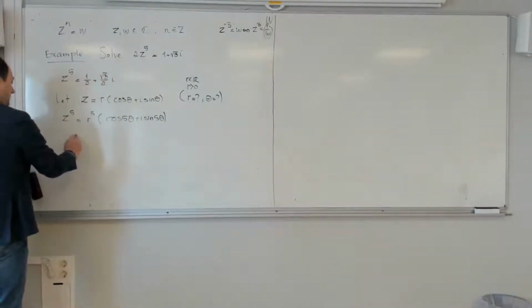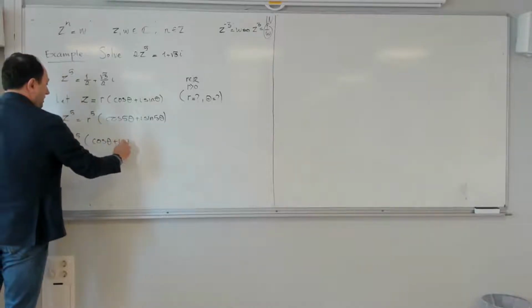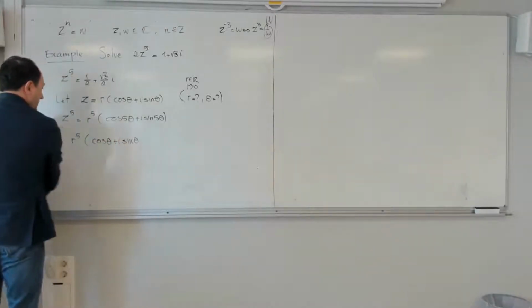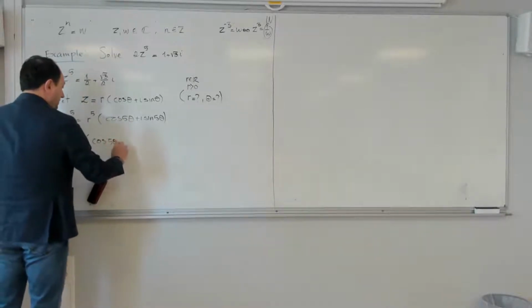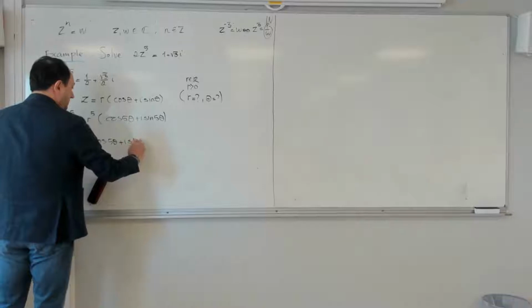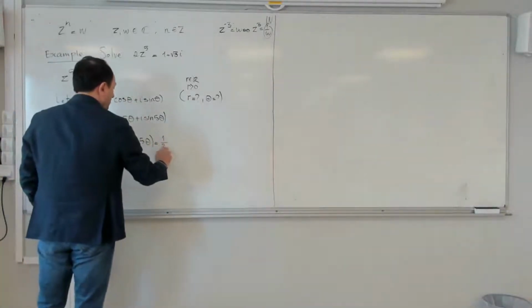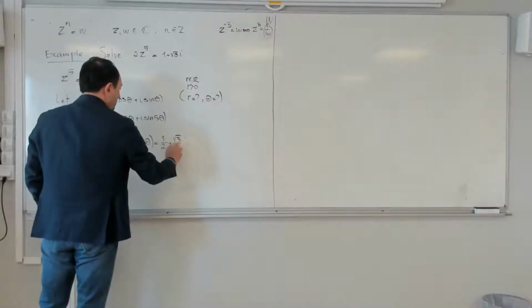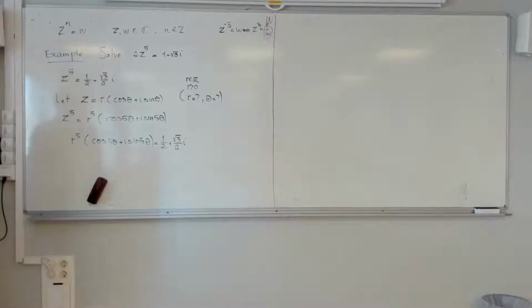I will have r to the 5 times cosine 5 theta plus i sine 5 theta is equal to this number, 1 over 2 plus square root of 3 divided by 2 times i. Okay, do you remember what was the next step?